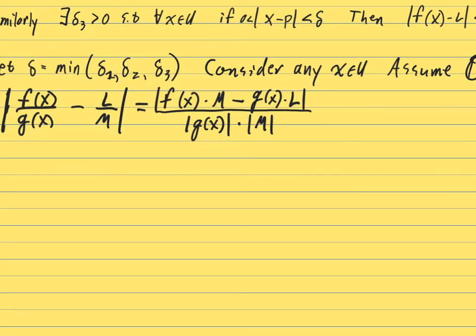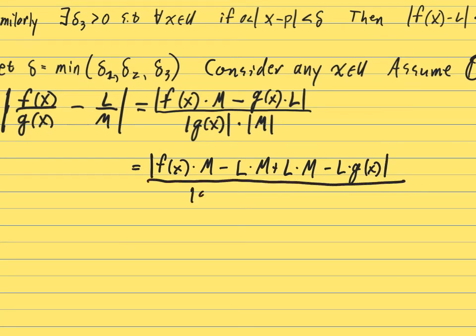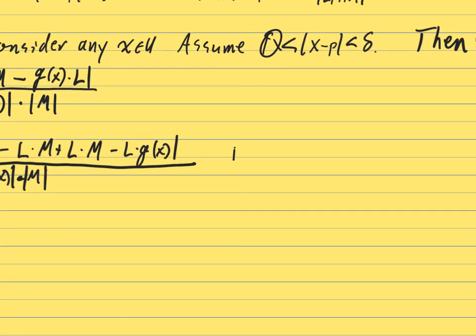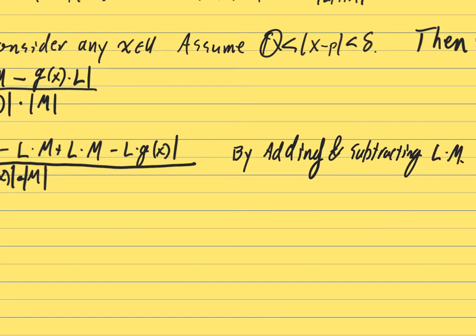So by adding and subtracting a single thing, this is the same thing as absolute value of f of x times m minus L times m plus L times m minus L times g of x all over absolute g of x times absolute m, by adding and subtracting L times m, standard type of trick.